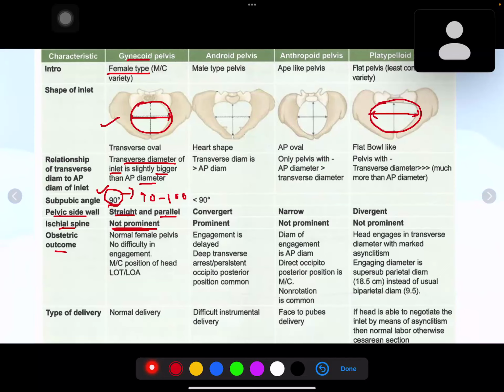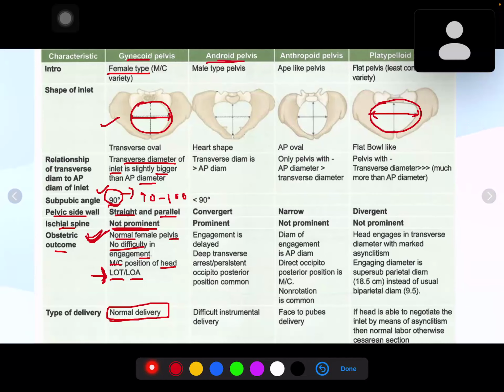And obstetric outcome is very good. The normal female pelvis, no difficulty in engagement. The most common position of head would be left occipital transverse, occipital anterior. You don't need to go into details of these, but you just know that this is a normal female pelvis, and the type of delivery would be normal and easy delivery in this type of pelvis.